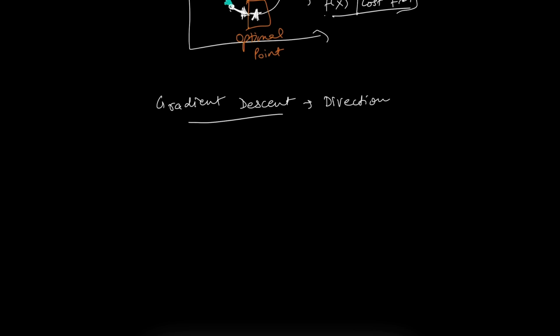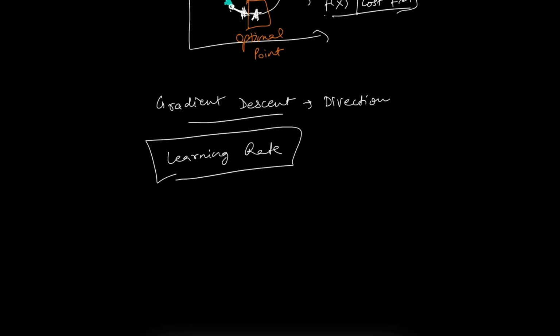But what actually determines the value that we subtract from our current point or add to our current point is the learning rate. Now, learning rate is a hyperparameter, which basically means we can tune it. It's something that we decide while building our model.